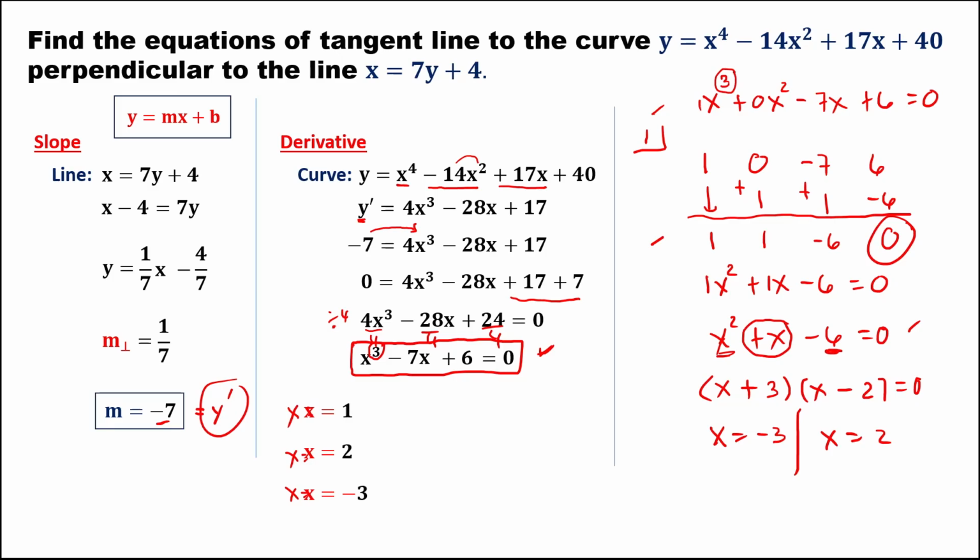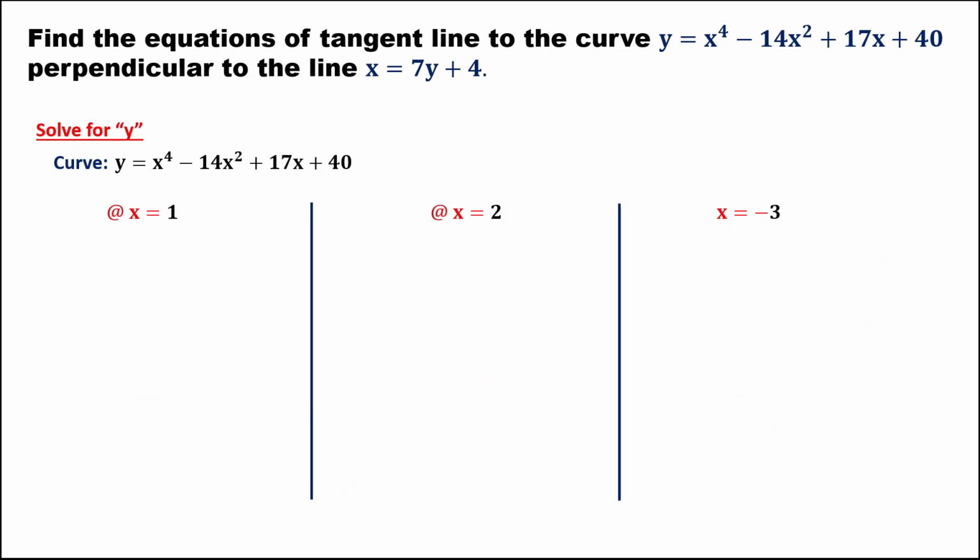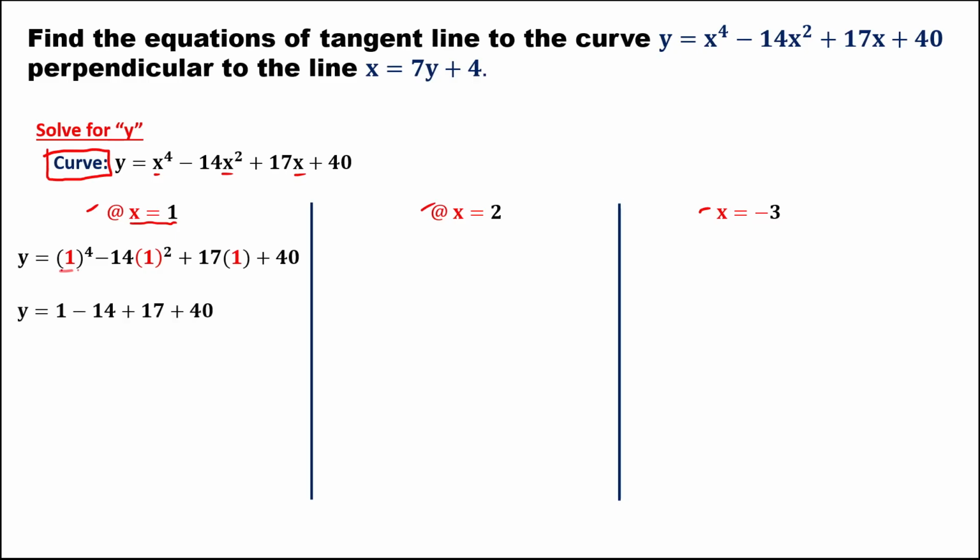Then from this, we can solve now for y. From these three values for x, using the equation of the curve, we need to substitute now the x from this equation. So for x equals positive 1, to simplify, this is 1.